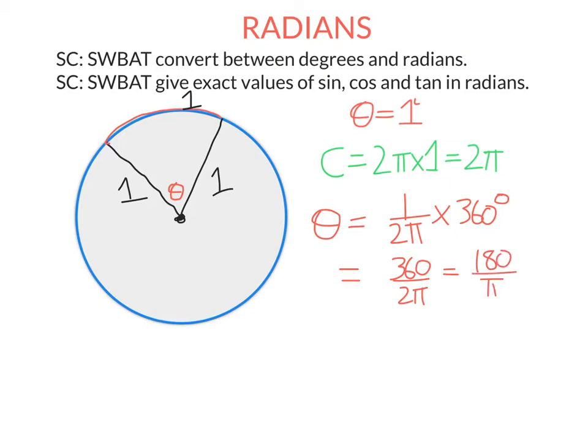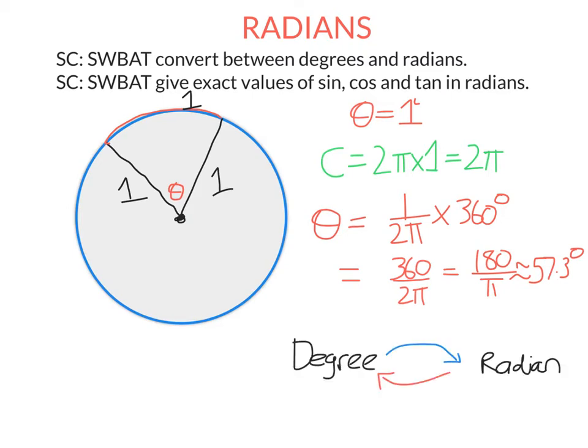Now, if you put 180 over pi on your calculator, you get about 57.3 degrees. So that is the conversion. 1 radian is about 57.3 degrees. That's rounded. Its exact value, 1 radian, is 180 over pi degrees.